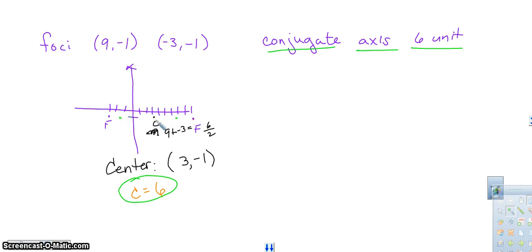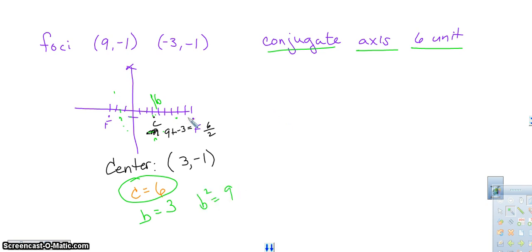The conjugate axis is the other distance when we draw the rectangle, so from the center you go up 3 and down 3. That's little b, so b is 3, and b squared would be 9.